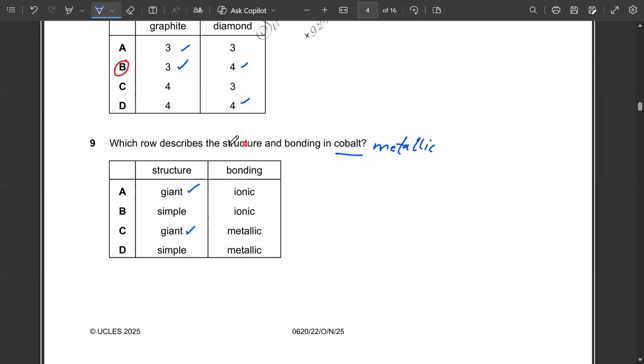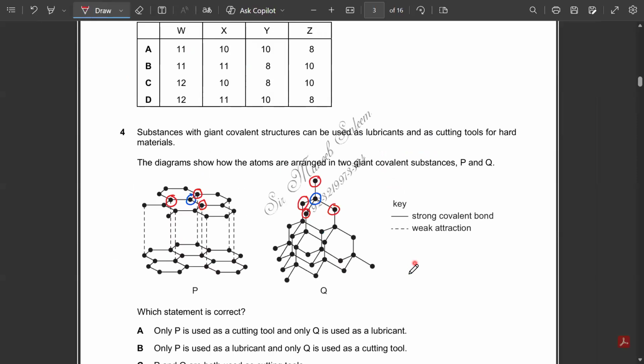And diamond and graphite are also considered giant, but they are not metallic or ionic. They are rather covalent. Diamond and graphite come along with the SiO2. They are all covalent and giant. Covalent is the bonding and giant is the structure. Be mindful about these words.